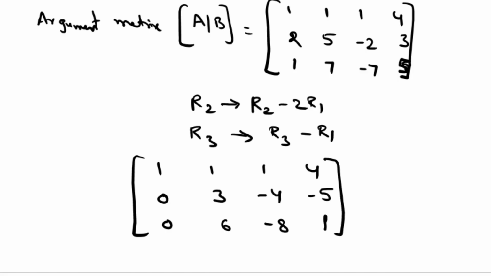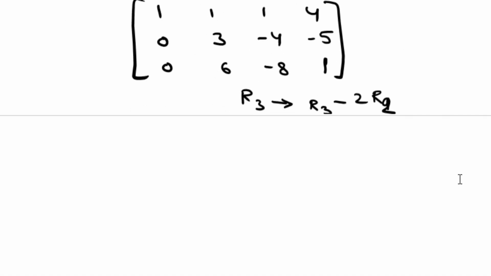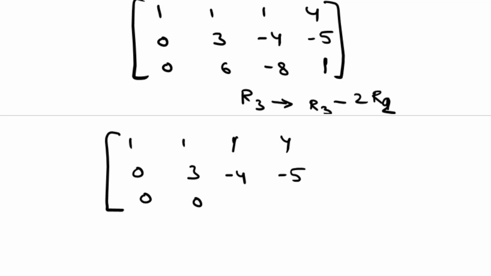Again we will do R3 implies R3 minus 2R2. The matrix will become: row 1 as it is, 1, 1, 1, 4; row 2 the same, 0, 3, minus 4, minus 5; and row 3 will be 0, 0, 0, 11.